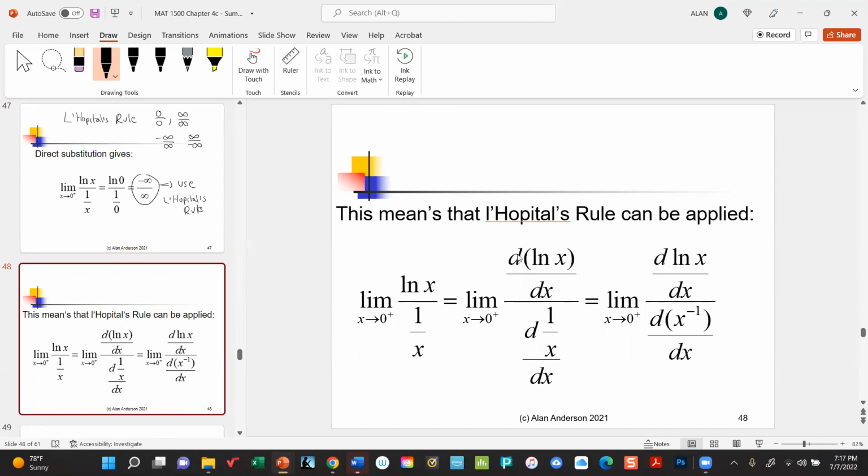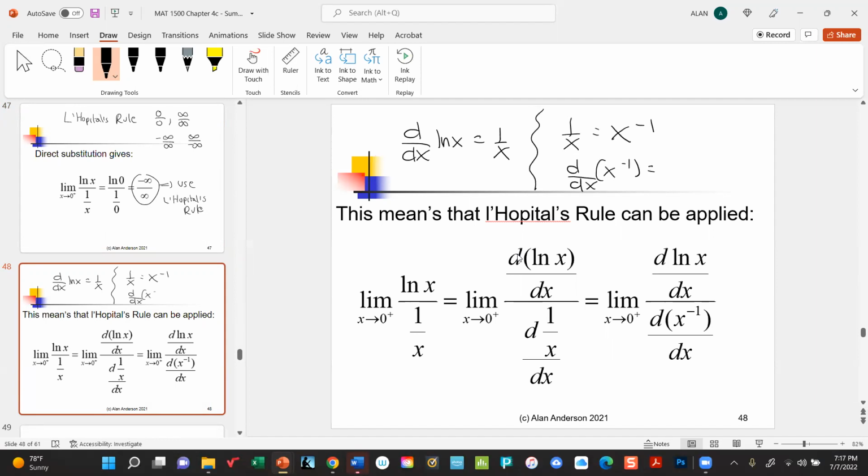Don't forget that the derivative of log x is very simply 1 over x. Now, 1 over x is x to the minus 1 power, and so the derivative of that is minus x to the minus 2 power.